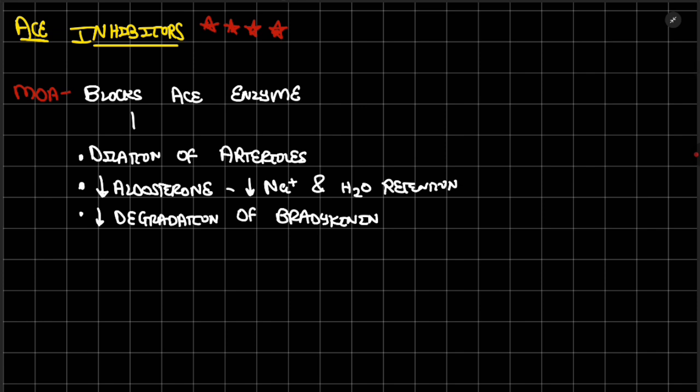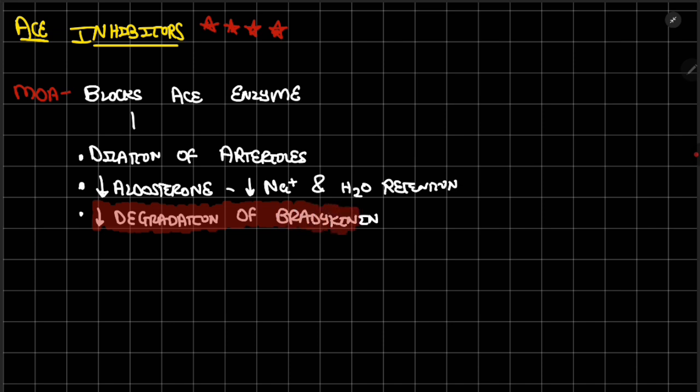So these are the three main mechanisms caused by the ACE inhibitors: the dilation of the arterioles, decreased aldosterone production, and what will be the effect of that? The sodium and water retention will be decreased, and the degradation of bradykinin is decreased. This point is very important because this will tell that we have to change the drug.